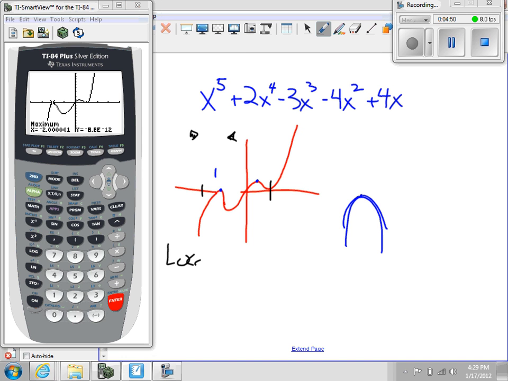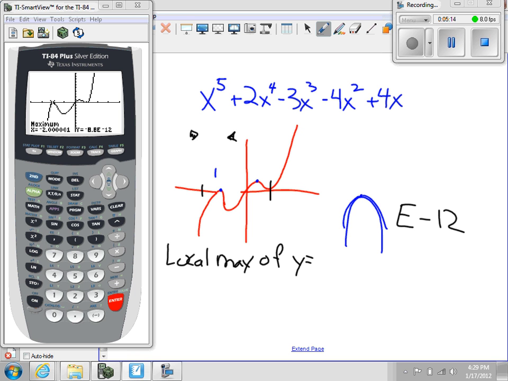I have a local maximum of y equals, well, that is 8.8 e to the negative 12th. This is a calculator issue. Whenever I see a big e to the negative number, I know it's really telling me that it's 0.